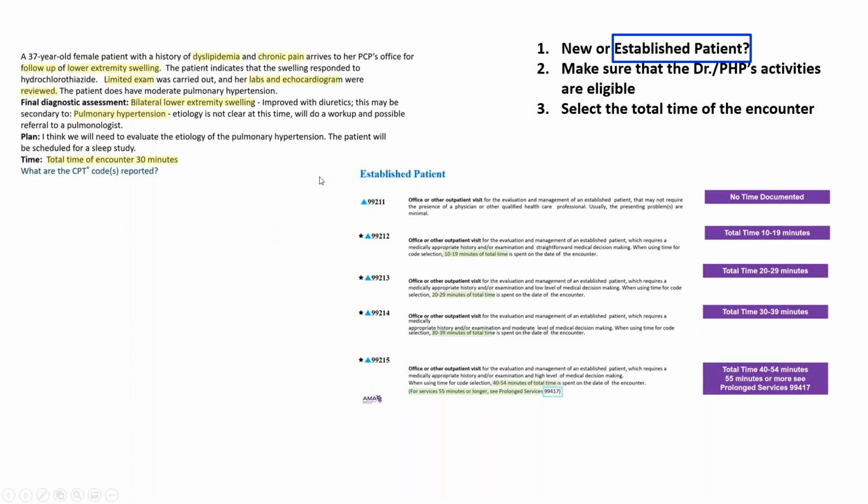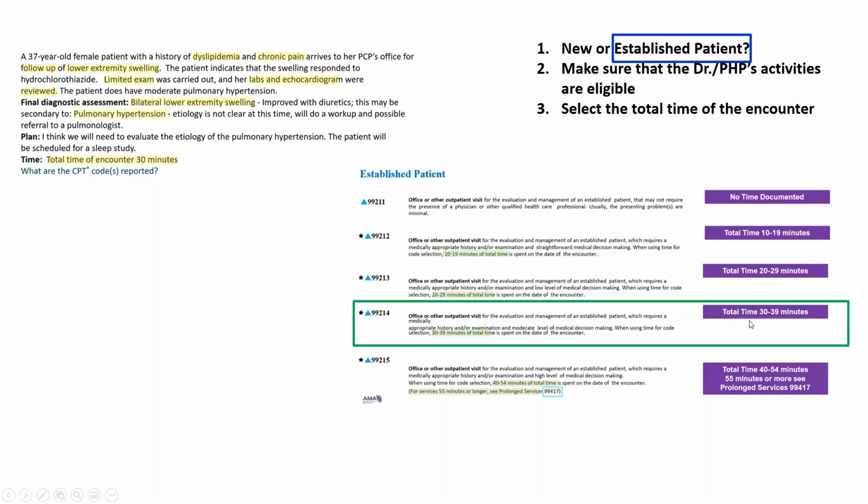This is an established patient, so I'm going to the established patient codes that begin 99211 through 99215, and I'm going to look for the code that my 30 minutes falls under. And if we look at code 99214, this is the code for total time 30 to 39 minutes, and ours is 30 minutes. So it's that simple.